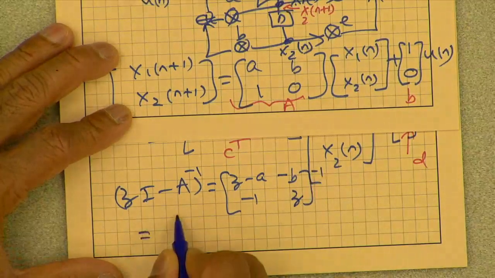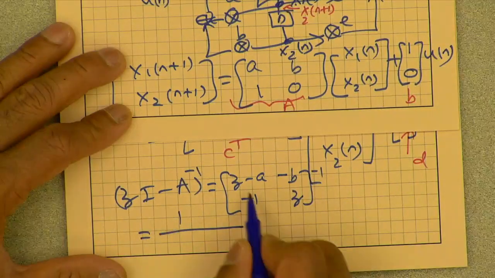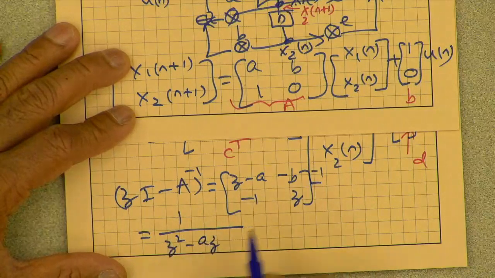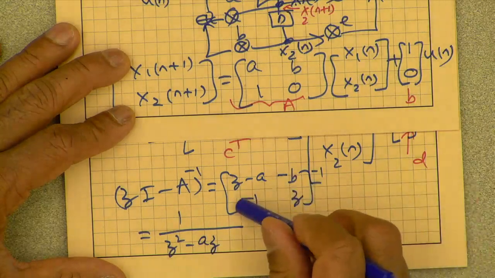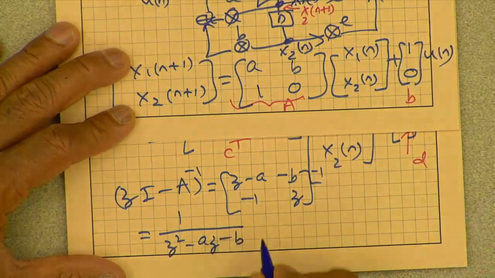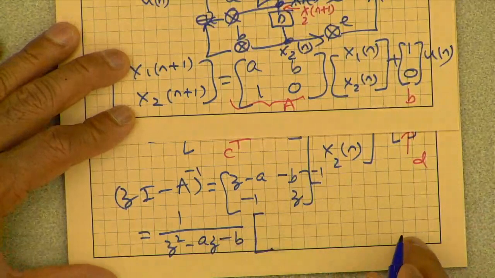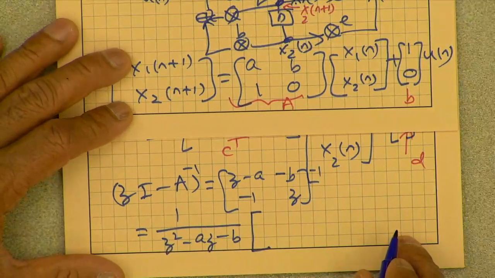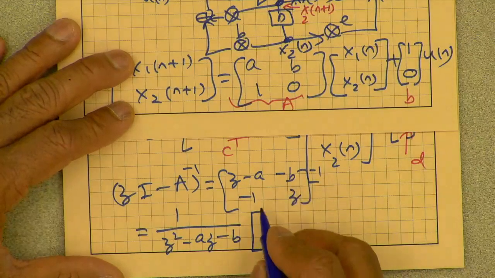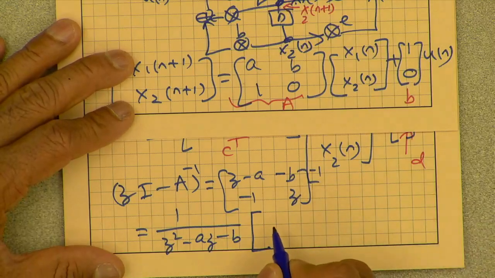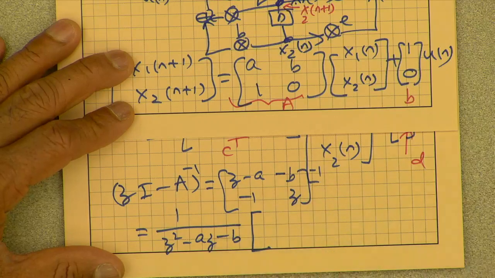The inverse is going to be 1 over the determinant, and what is the determinant? This times that, z squared minus az, minus the product of minus b and minus 1, which is plus b. So that's minus b. I am trying to tell you how to write the inverse of a 2 by 2 matrix very quickly.